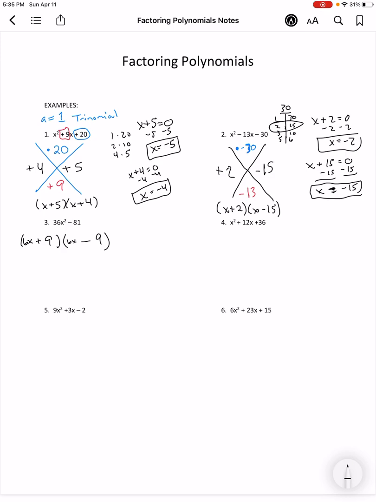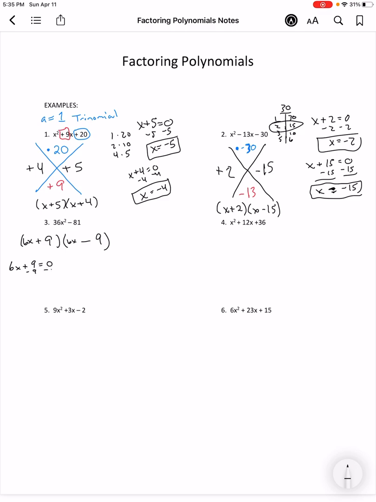And that would be my factored form. So square root the first term, square root the last term, and then put that solution in each binomial, one with plus and one with minus, and that's what cancels out that middle number, but also gives us our perfect squares.